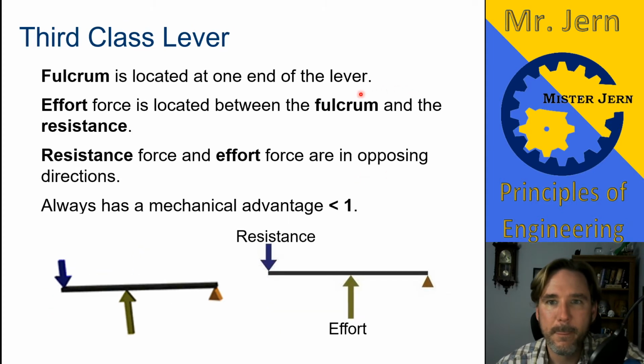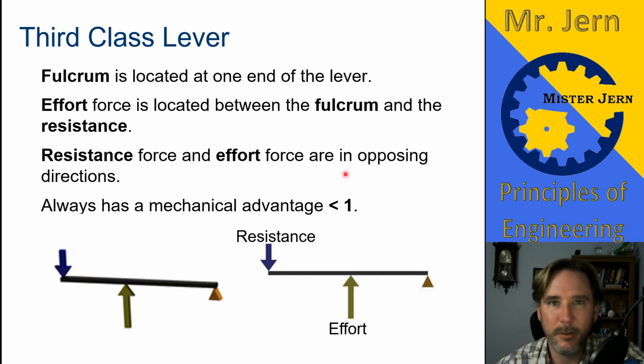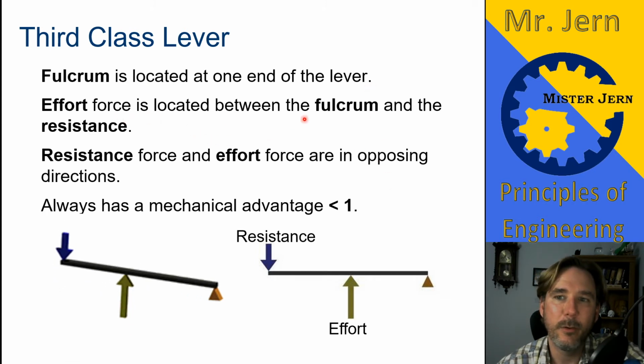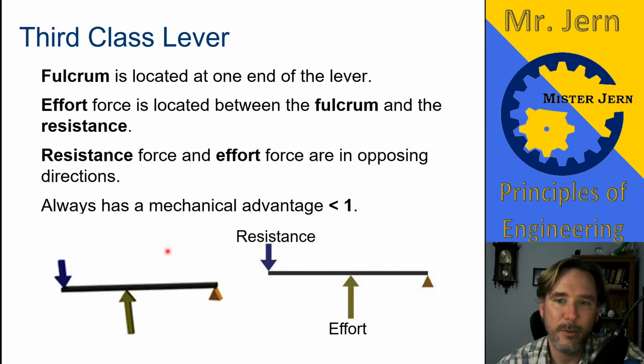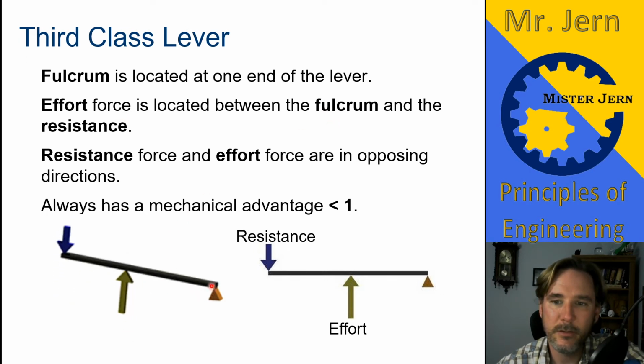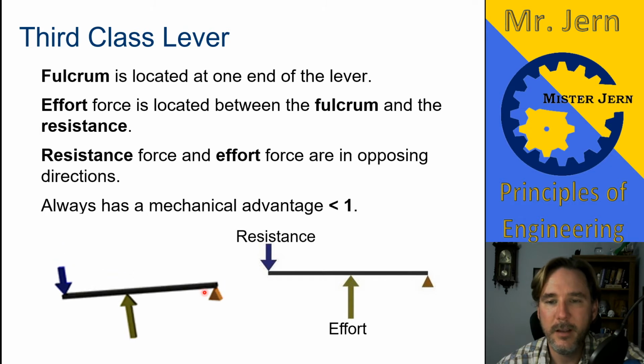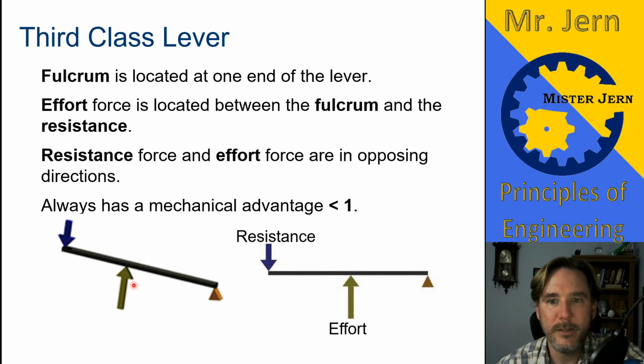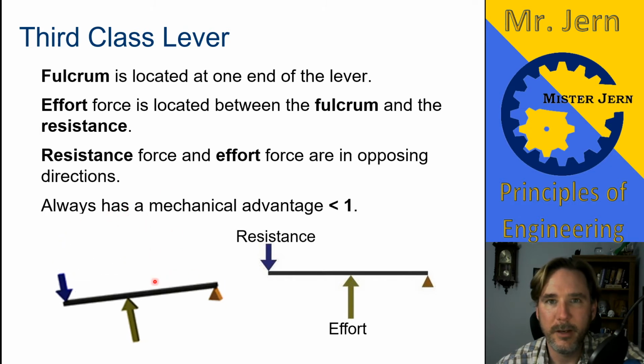Third class lever, think of tweezers. There's a couple other things, but tweezers is the one I always think of, where the fulcrum is located at one end of the lever. Okay, but in this case, the effort force is located between the fulcrum and the resistance. So this is why I think of tweezers. Here's the tweezer end where like they're connected, and you push on the middle of the tweezer. On one end, there's another side coming together up here.